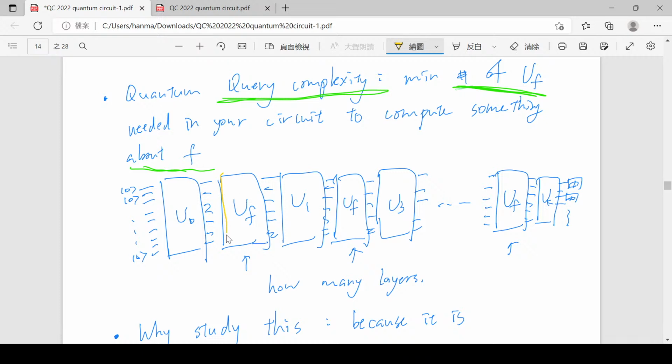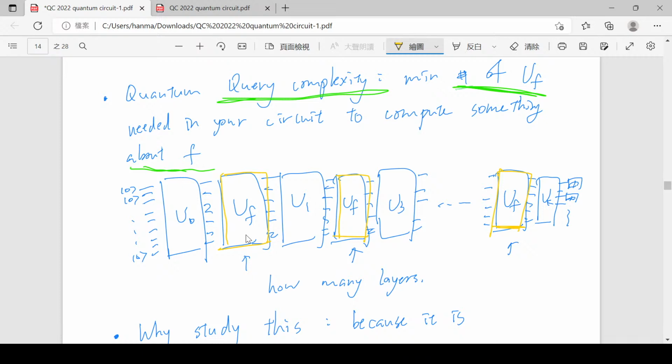We will place some oracles in our algorithm, and the only thing we count is the number of oracles you use. So here it has 3, but maybe more in the middle.